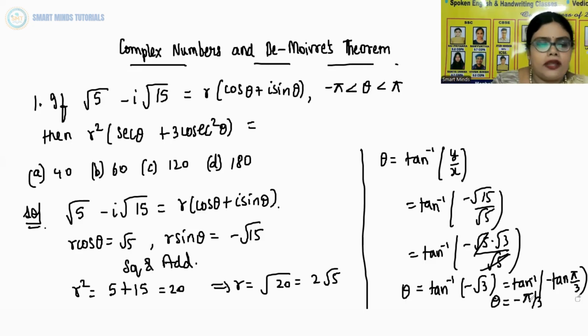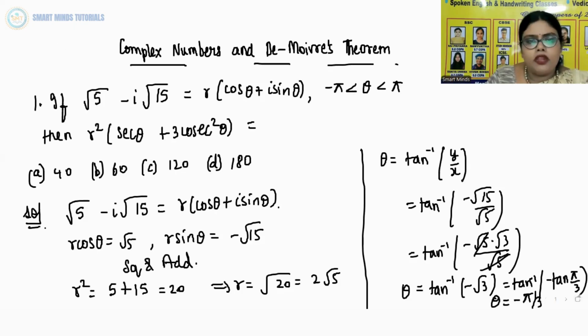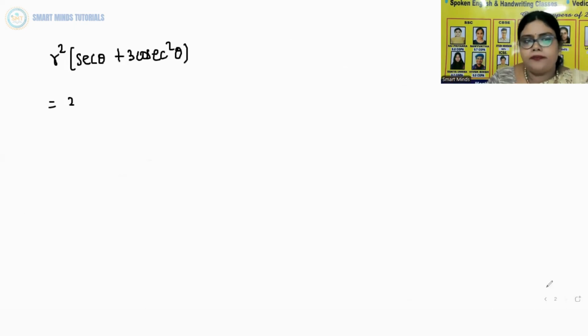After getting the theta value, we need to substitute theta in the given expression. R square into secant theta plus 3 cosecant square theta, where r is 2 root 5. So r square value also we got over here, that is 20.